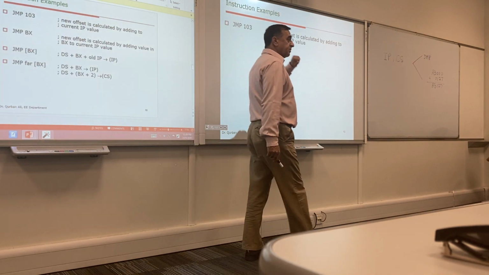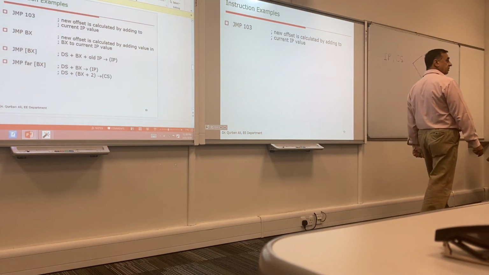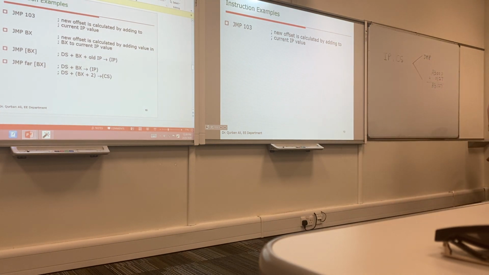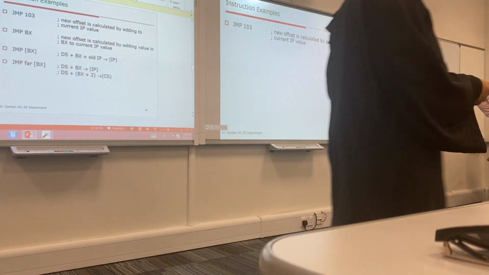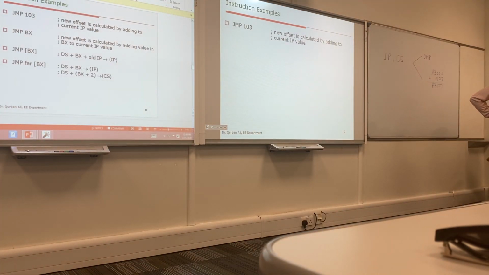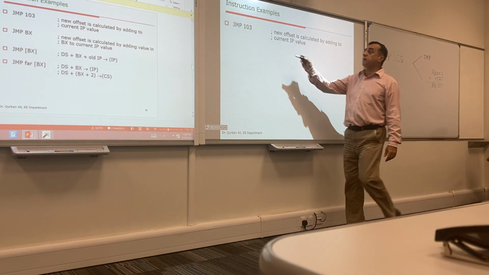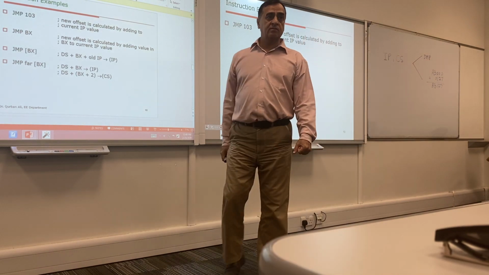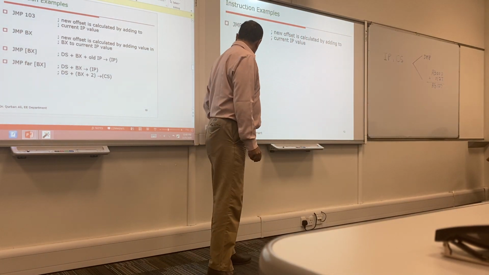Now, what kind of a jump is this one? Short, near or far? Remember the rule. If the displacement is a byte, short. If it is more than a byte, within 16 bits, near. If the displacement is more than 16 bits, far. Near, because you see here it's more than a byte. Okay, so this is near.